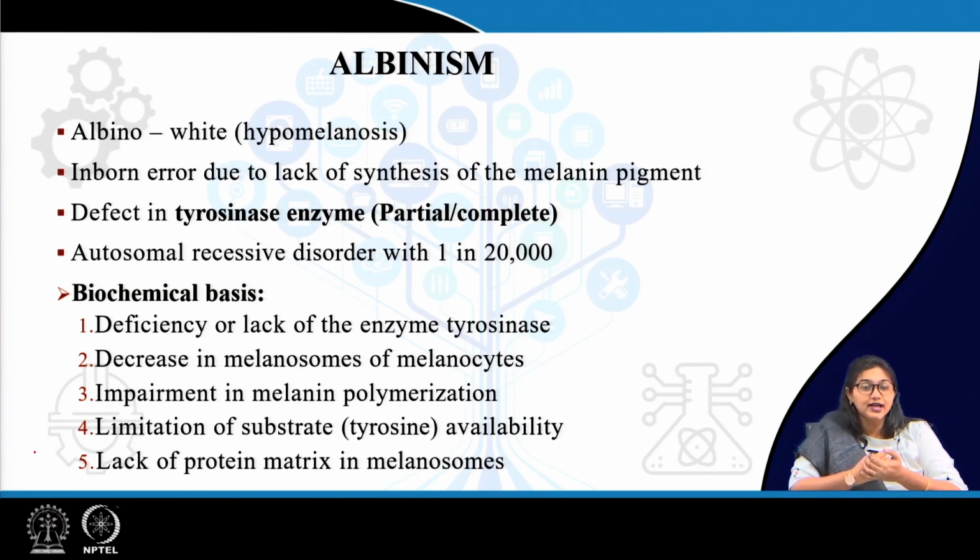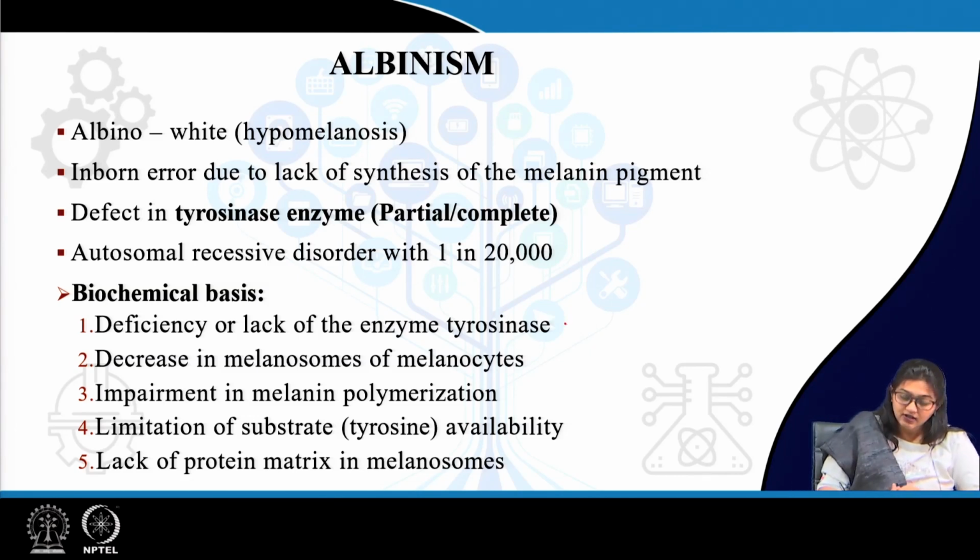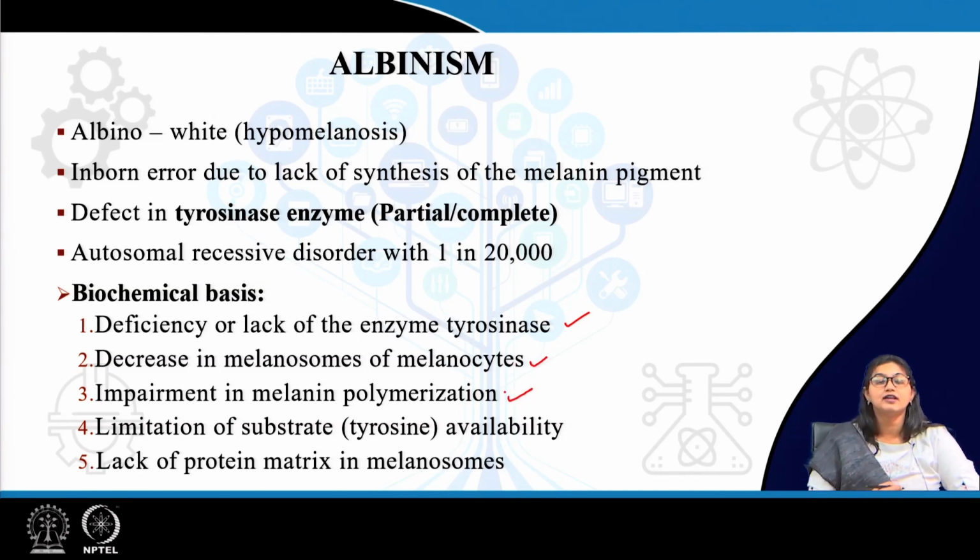What is the biochemical basis? Definitely the tyrosinase enzyme function is lost, and the melanosomes of melanocytes are decreased. Polymerization of melanin is defective, substrate tyrosine availability can be defective. Also, the protein matrix in the melanosome can be defective.